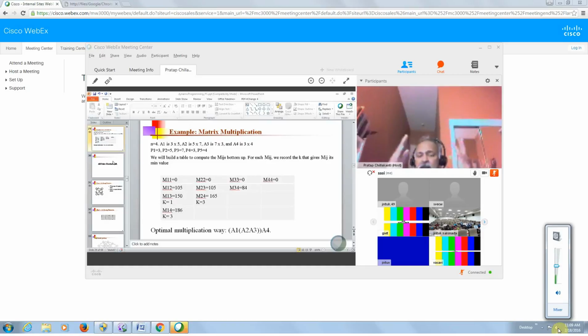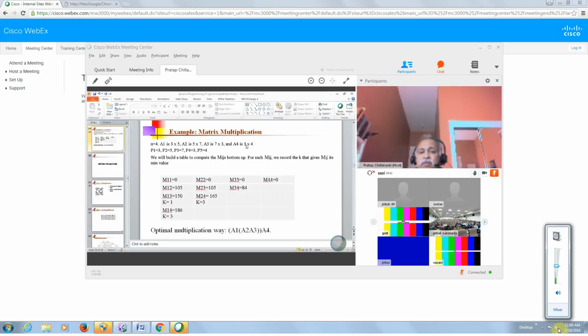Similar to the exact division in the coin problem, here we are saying how we divide this multiplication problem between these four matrices. Which one, if we do it first, followed by second, third, would result in the optimal solution. Now how does the author do it? So here we have n equal to 4, meaning there are four matrices, A1, A2, A3 and A4. Okay.